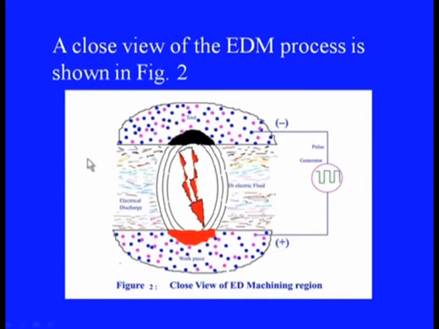Then at that time the new dielectric will fill this gap in this zone, and there will not be any sparking for that gap period or pulse off period. Then as the next pulse comes, the next pulse on time comes, the similar cycle repeats here and the material gets evaporated from this zone.